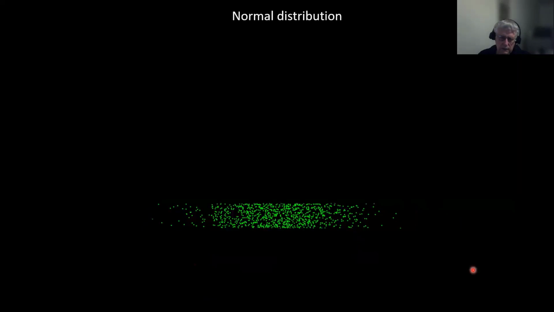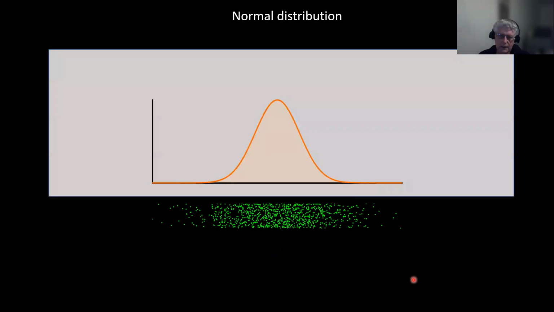Now, let's look at another type of distribution. So again, I've generated my random numbers and separated them vertically a little bit here so you can see whether they're more and less dense. I'm going to count the number of dots in each one of these rectangles. And I come up with a curve like this.